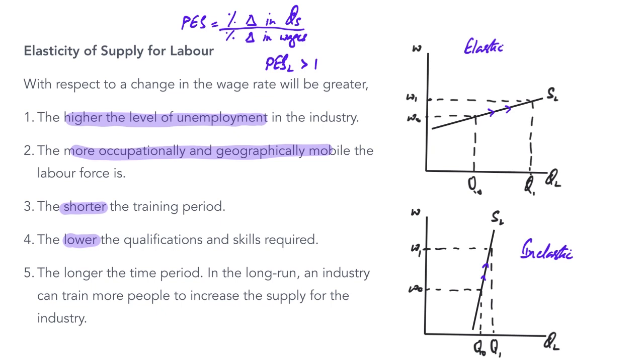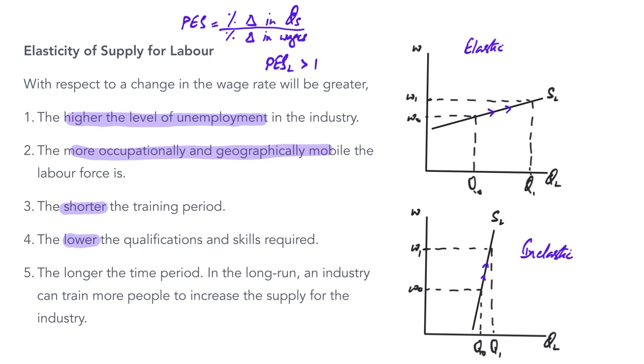ACCA takes less time and it's easier. So the supply curve for ACCA workers would be something like this, more elastic. For ICAP chartered accountants, it's like this. Why? Because the qualification requirement is much tougher, it takes a longer time period, etc. So the supply is not as elastic as it is in ACCA.